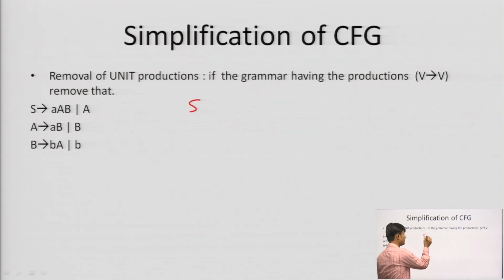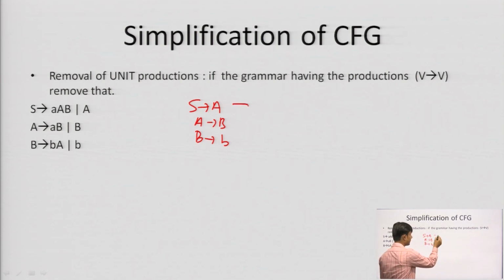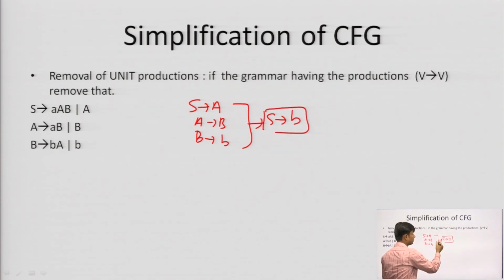Suppose we have written here S to A, A to B, B to B. So, why will we take this one, S to A, B, unnecessarily? Instead of writing that, we can write here S to B. So, this is the unit production. We are unnecessarily taking more symbols. So, this type of production is there, and we can remove this unit production.